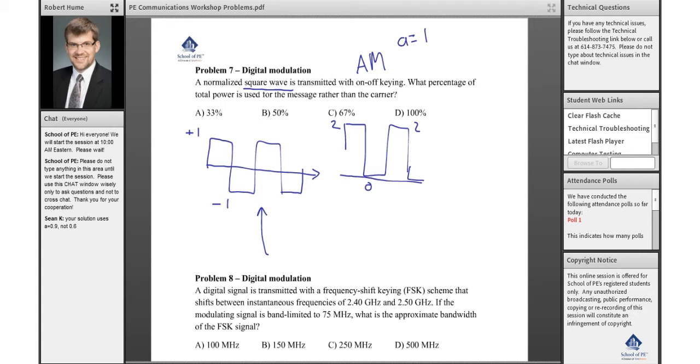So one of the things we can use is that equation for efficiency, which said that the efficiency, which is how much power as a percentage is used for the message, is A, which is our modulation index, squared, times the mean squared of our normalized message, all over 1 plus, and again A squared times the mean squared of our message.